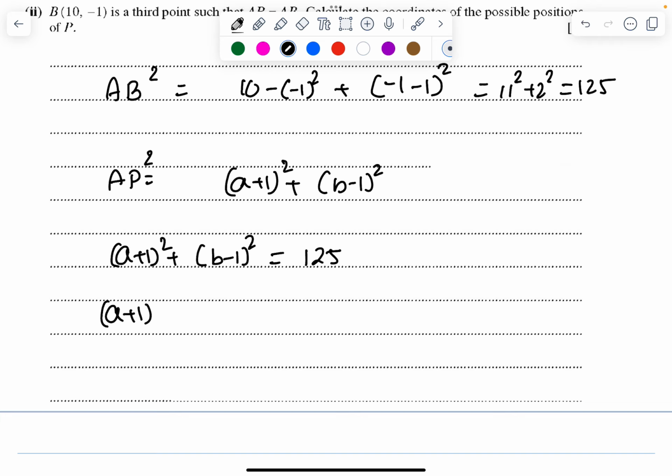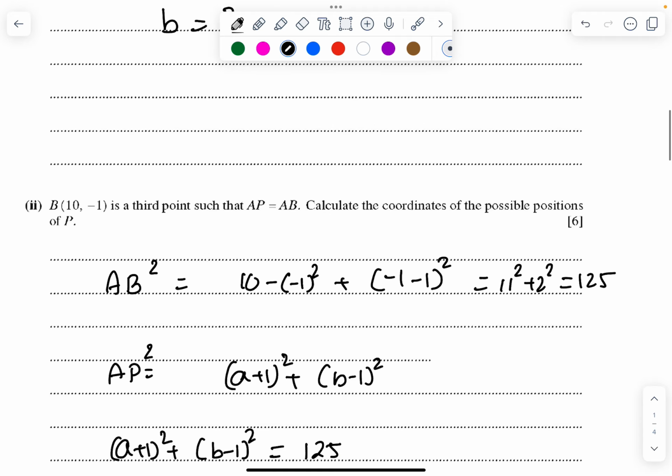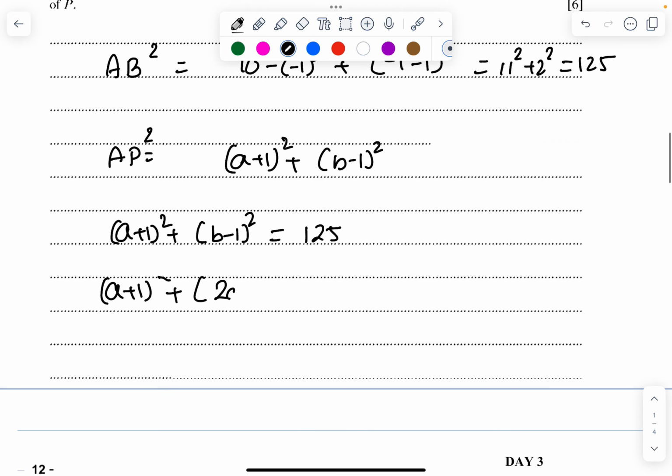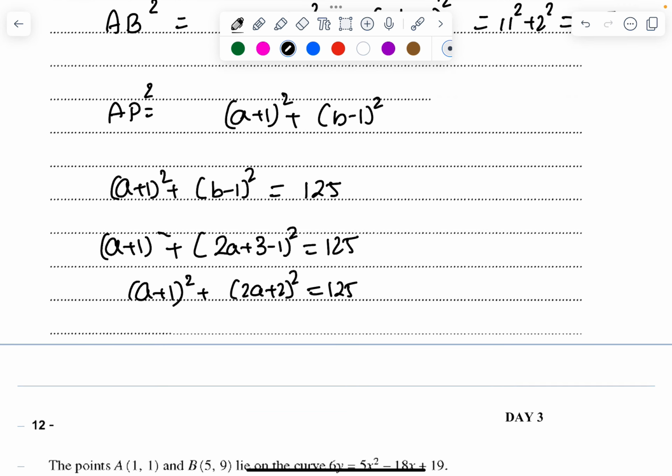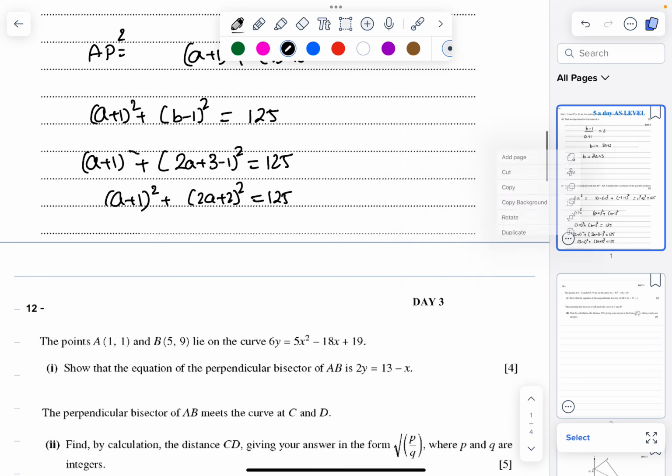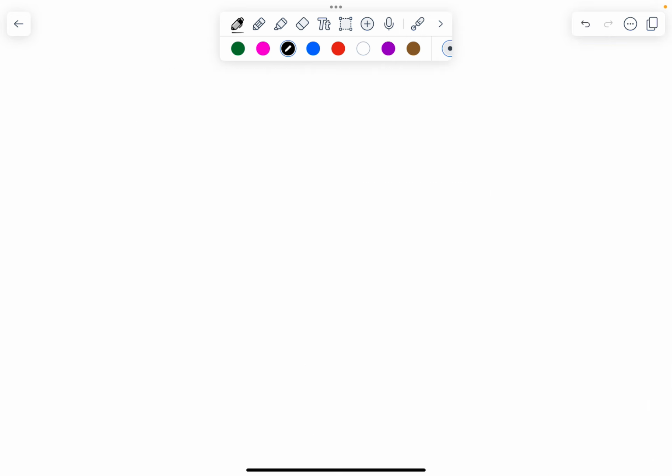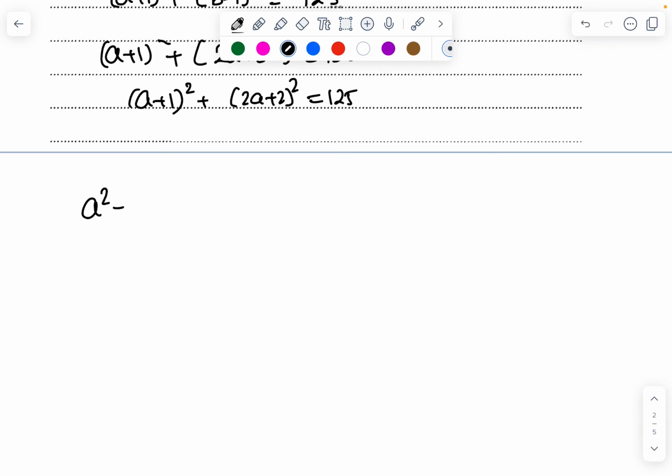So A plus 1 whole squared plus, what is B? B is 2A plus 3. So 2A plus 3 minus 1 whole squared equals 125. So A plus 1 whole squared plus 2A plus 2 whole squared equals 125. I'll be getting a quadratic over here. It becomes A squared plus 2A plus 1 plus 4A squared plus 8A plus 4 equals 125.